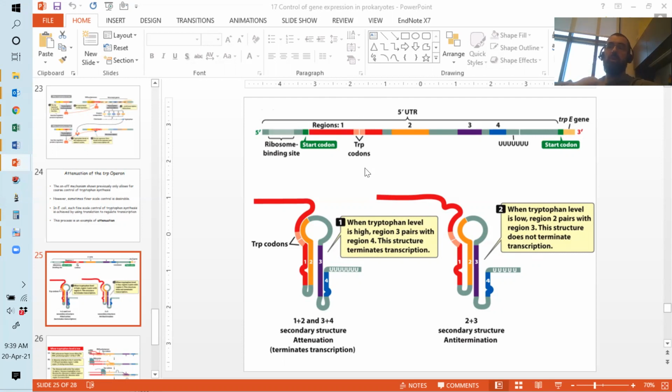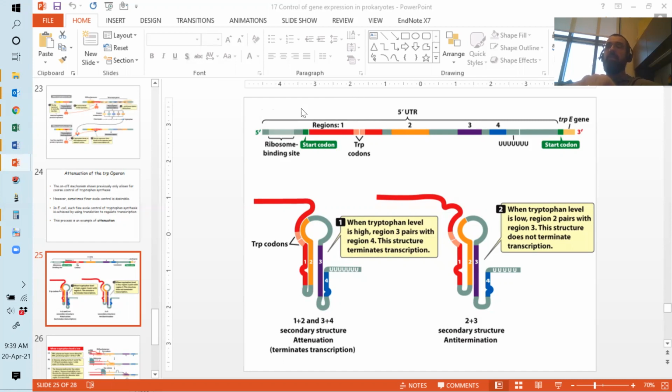Because if tryptophan is present, it will be added to tryptophan tRNA, and that tRNA will be available for translation. So essentially, we're sensing directly the amount of tryptophan present, because that tryptophan will be added to its tRNA and it then will be available for translation.